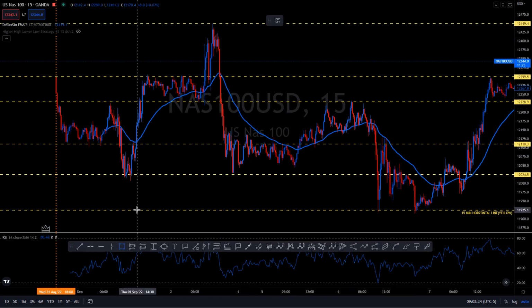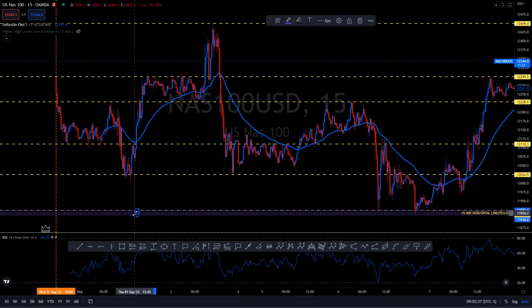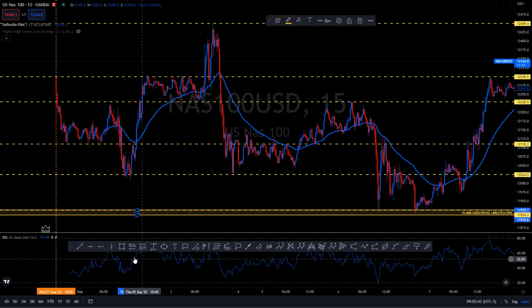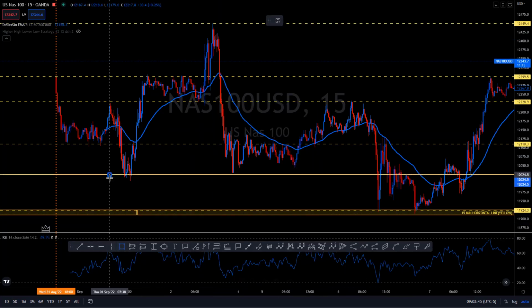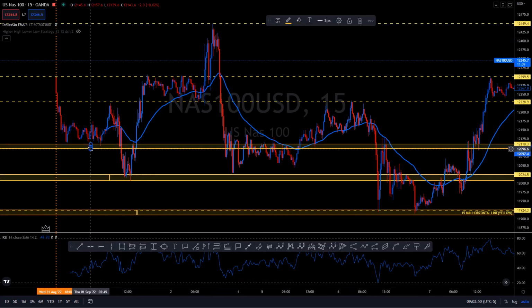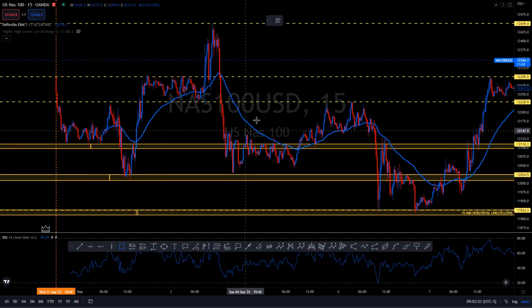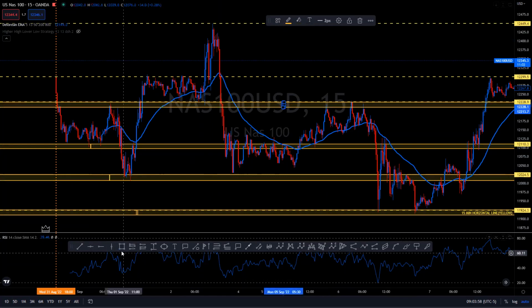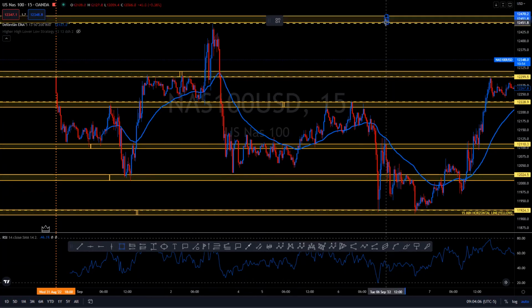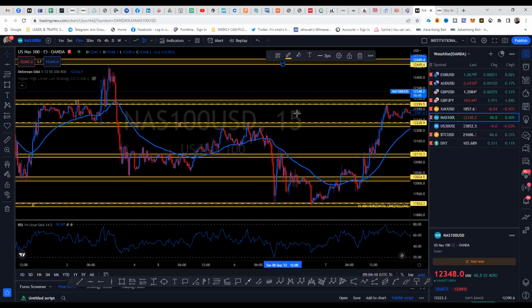So we're going to draw zones under these areas here. Choose yellow.